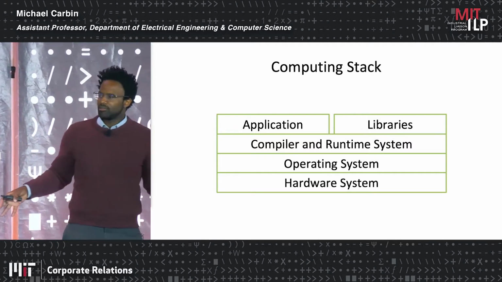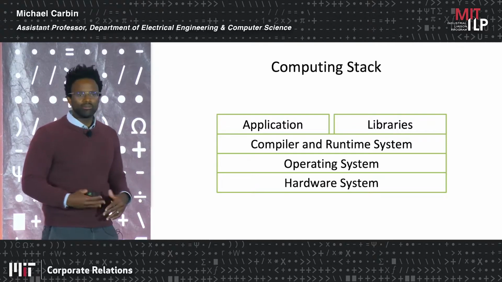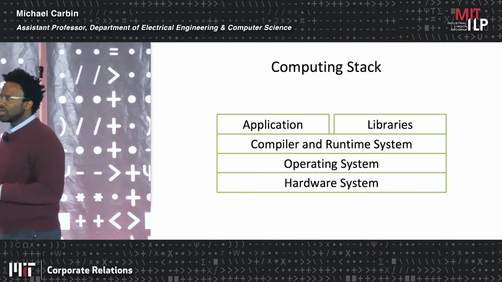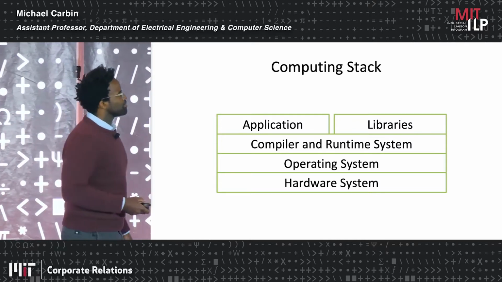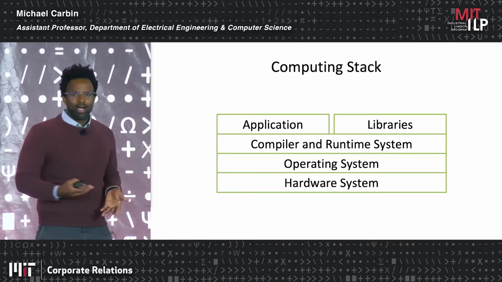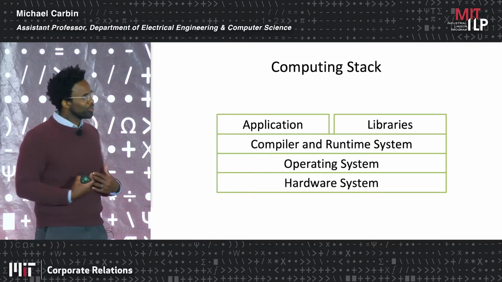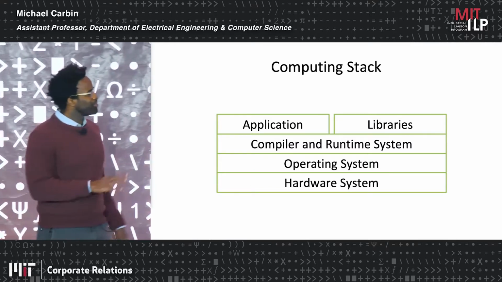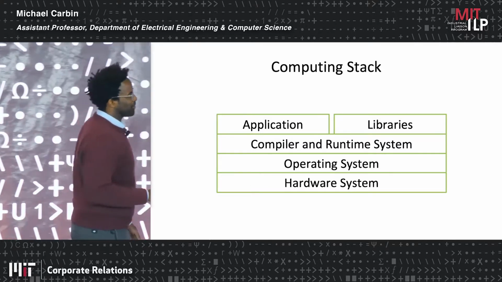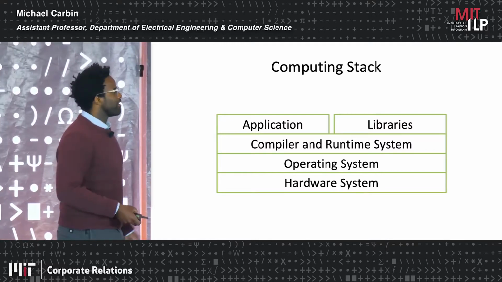It may not be obvious or familiar to many of you that there are errors at that level, but people coming from my discipline do know that there can be critical issues at the compiler and runtime system level. Below that, we have the operating system. I think we've all used Windows, so I think we know there are bugs inside of our operating system. And of course, beyond just Windows, I don't want to use it as such a whipping boy, but many of our operating systems have issues that we run into in our day-to-day.